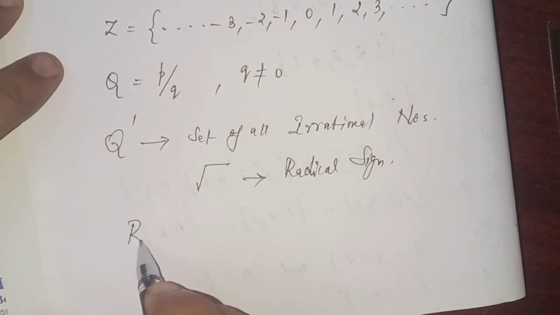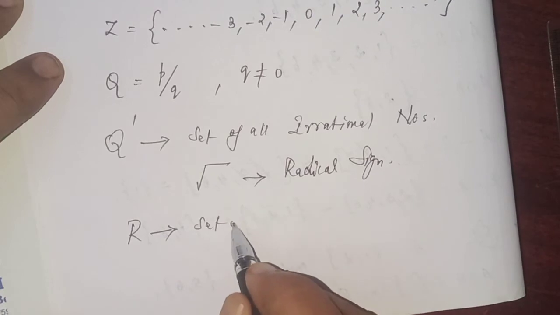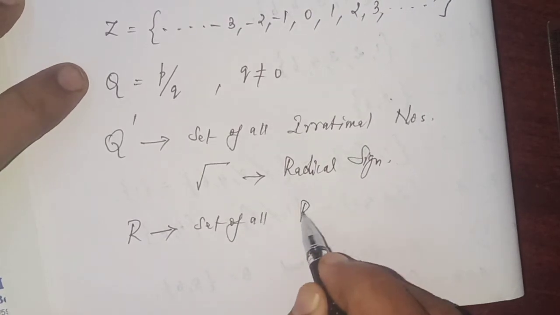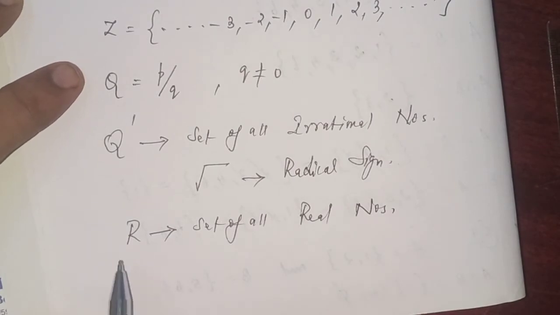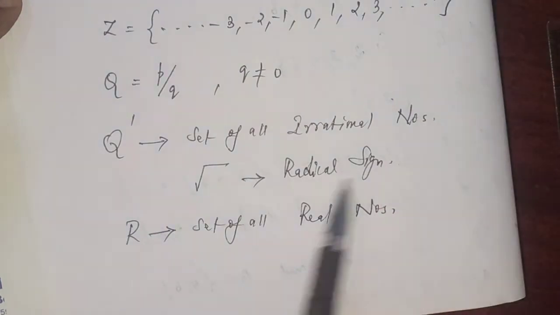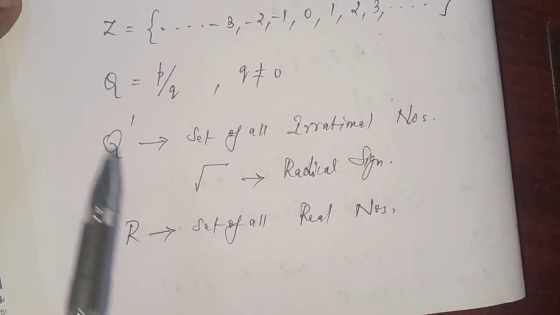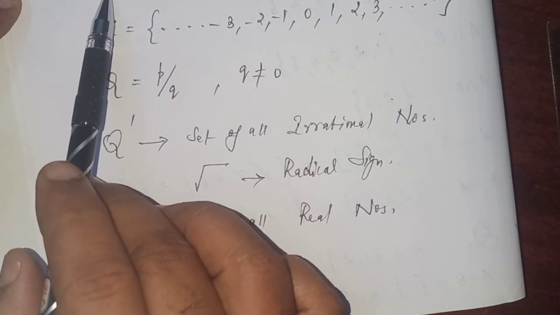Next one is R. R represents the set of all real numbers. Capital R is a superset of all the number systems. W, whole numbers.